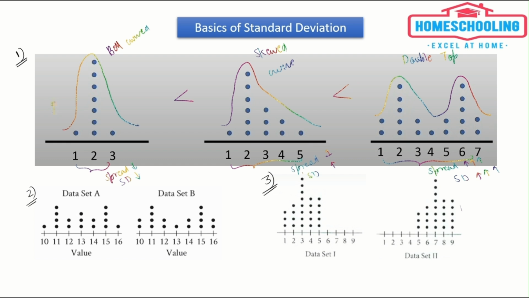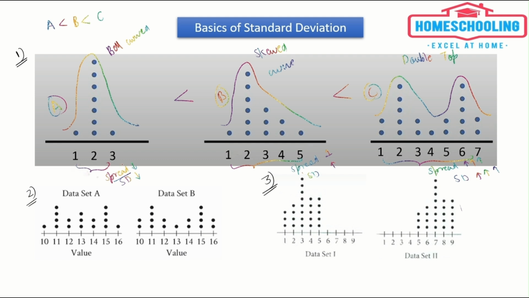So graph A, B, and C. The standard deviation of A is smaller than B, and the standard deviation of B is smaller than C. So all we have to check here is spread. And whenever we are checking spread, we don't need to consider the values while checking the spread.